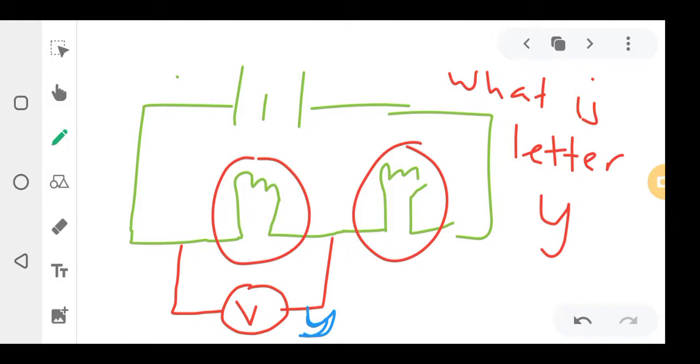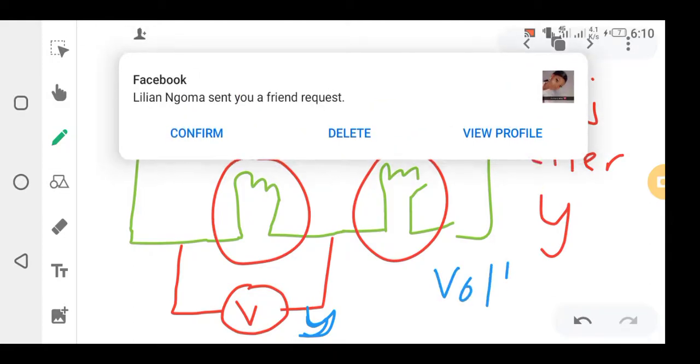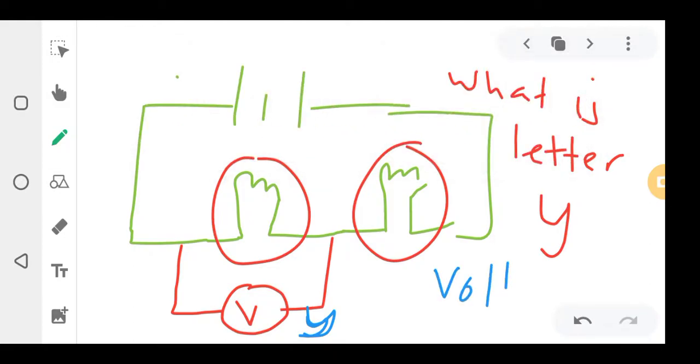Letter Y is a voltmeter. That's how you work it out.